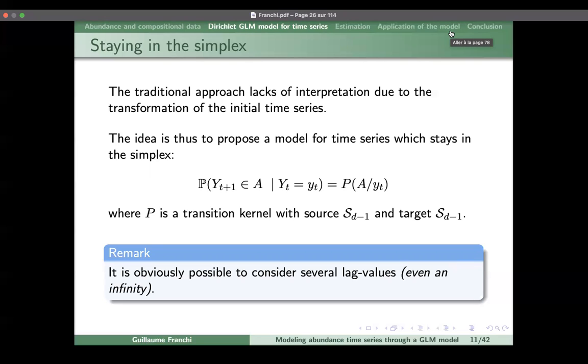And actually, you can even take an infinity of past values in your transition kernel. All the results presented here work very well.